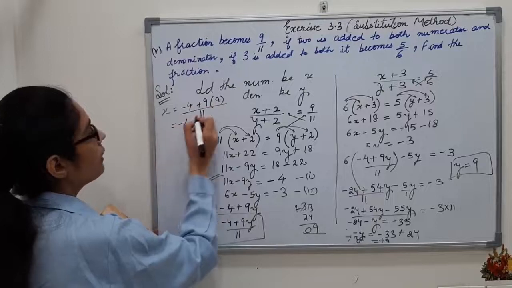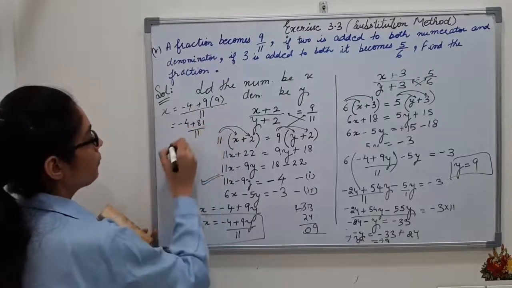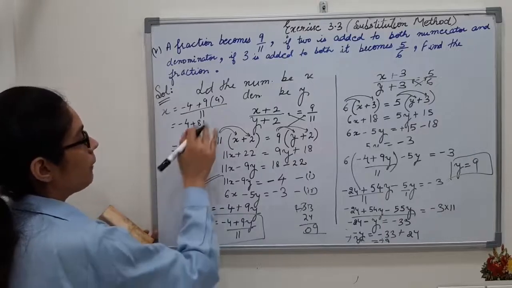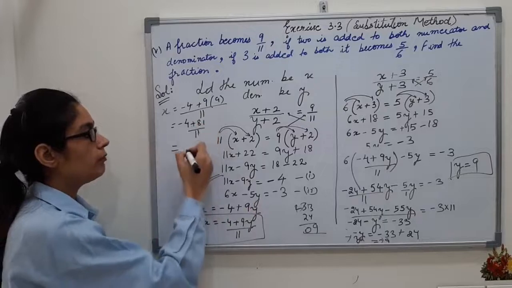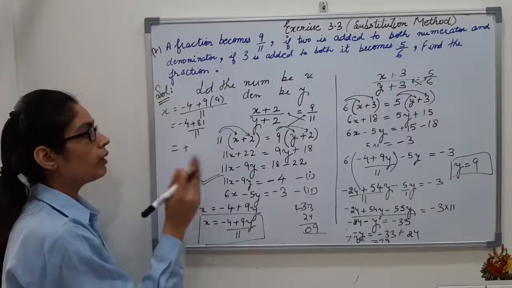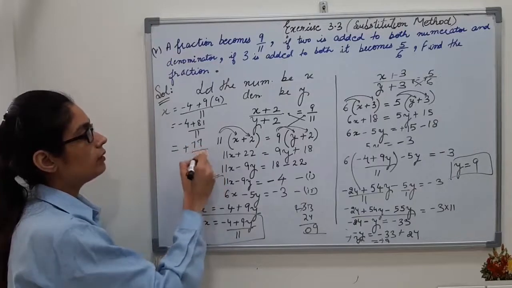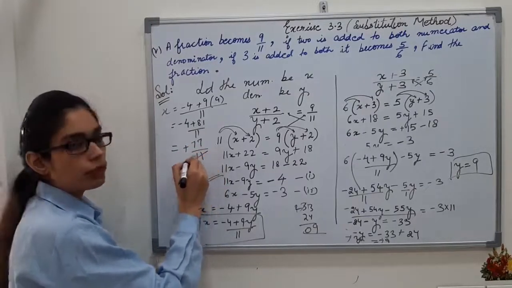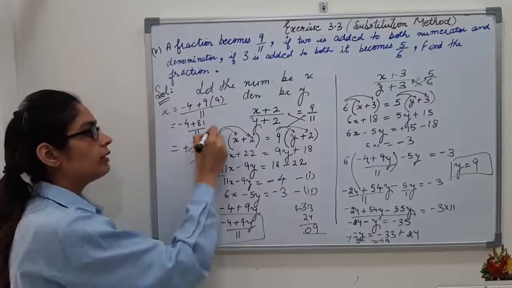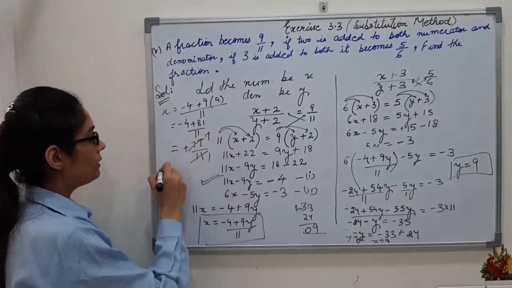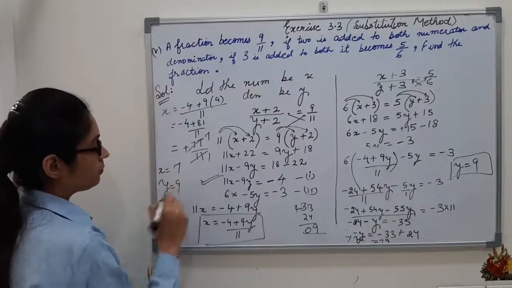Minus 4 plus 9 into 9 is 81, by 11. Minus plus is minus, with the sign of the bigger number. The bigger number has a plus sign. 81 minus 4 is 77. So it will come plus 77 divided by 11. 11 into 1 is 11, 11 into 7 is 77. So I got x equals 7 and y equals 9.